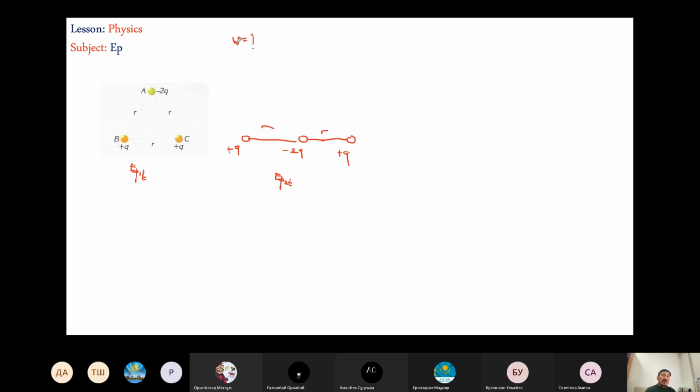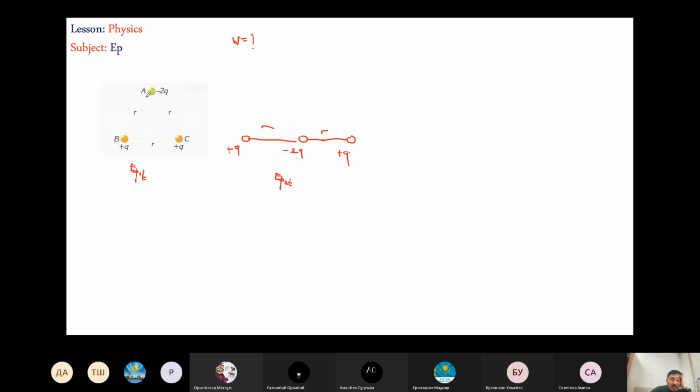Бірақ potential energy болу үшін екі charge болу керек. Түсінікті ме? То есть, мына жердегі бірінші энергияны есептеу үшін, in order to calculate the potential energy in a triangle, what you have to do? You have to calculate the energy between these two charges. Мына екеуінің арасында есептейсіңдер. Between these two and between these two. Яғни жұптап есептеу керек.